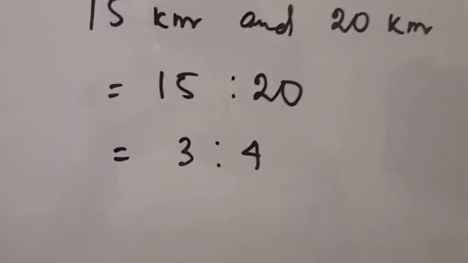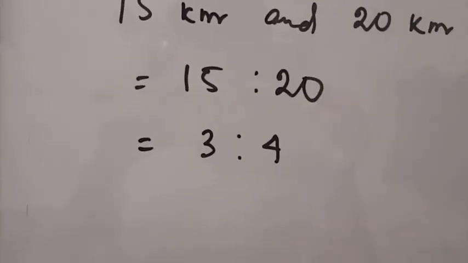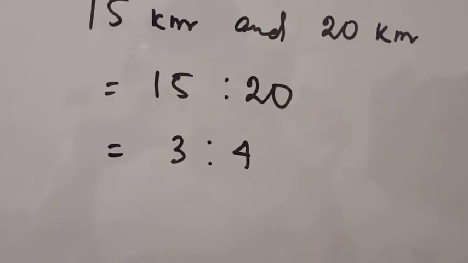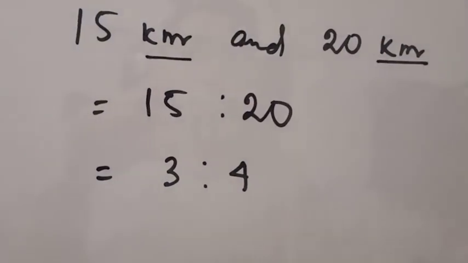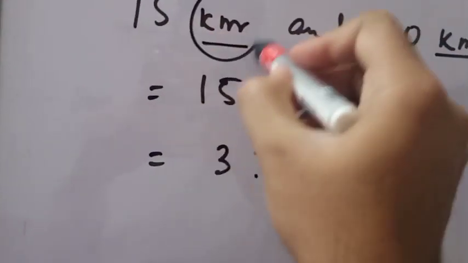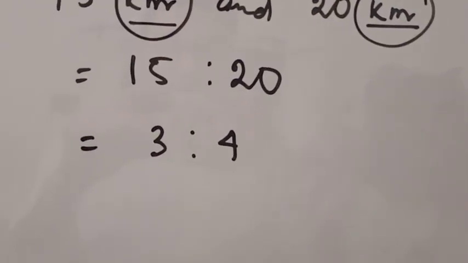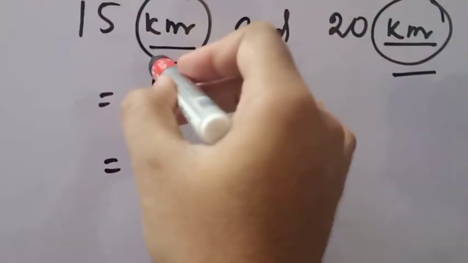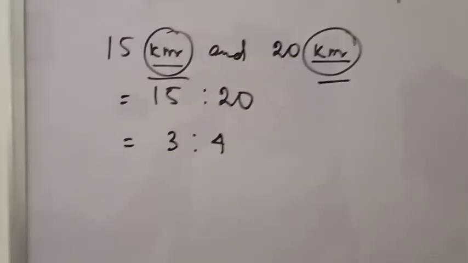Now see that to find the ratio of two numbers or quantities, they must be of the same kind of things, that means km and km. If both are not in km, then you have to convert them into the same units. Otherwise, you cannot calculate the ratio.